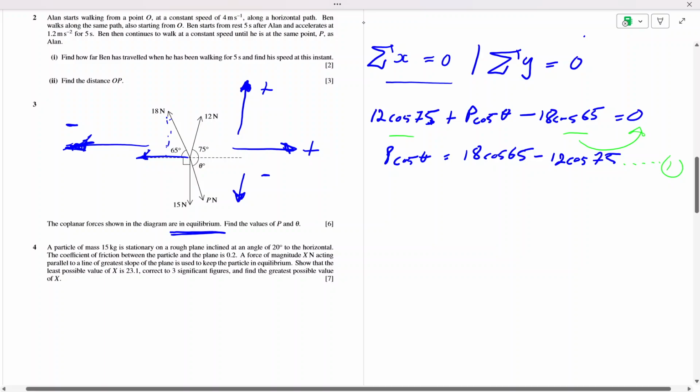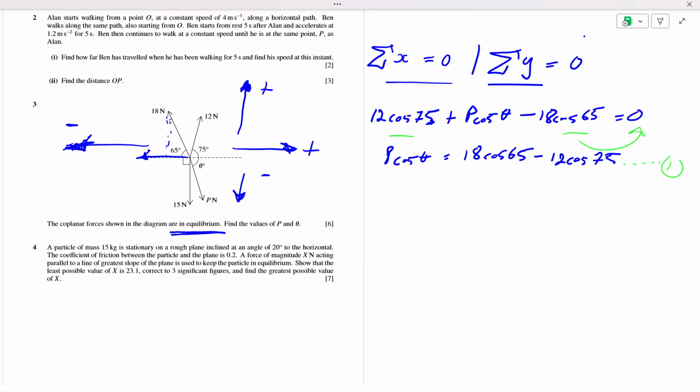Okay, then I'll do the same, resolve in the y direction too. When I do so, the 18 Newton and the 12 Newton forces are acting in the upward direction, right? So when I resolve those two, I'm going to get 18 sine 65 plus 12 sine 75, and then I'm going to subtract the forces acting downwards.